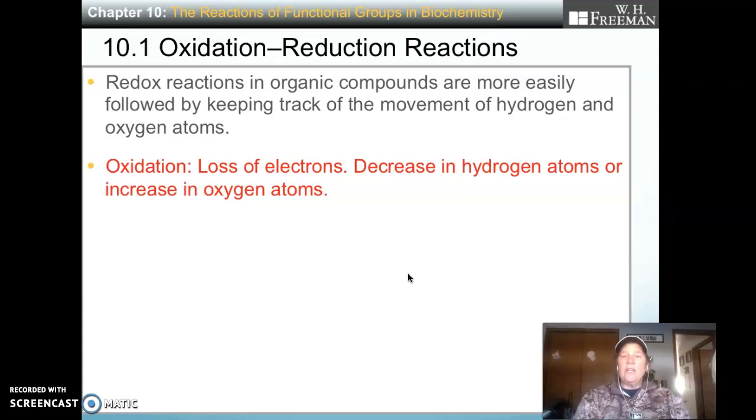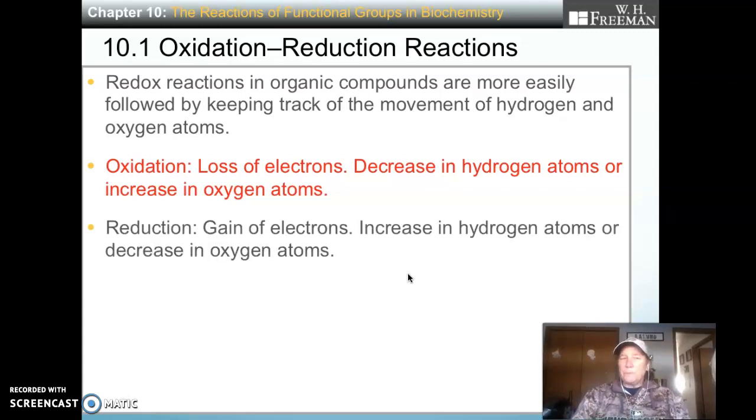Like in an inorganic reaction, it can be metals, it can be all kinds of things. But in an organic reaction, it's just the hydrogen or the oxygen. Okay, so if you have reduction, you're going to gain electrons, you're going to become more negative. So you're going to increase the hydrogen atoms, or you decrease the oxygen. Okay, so that's the only way you have oxidation reduction in organic, is with hydrogen and with oxygen.